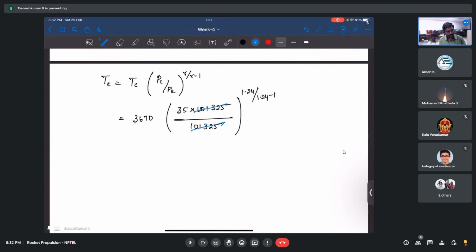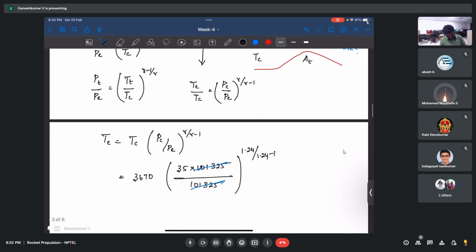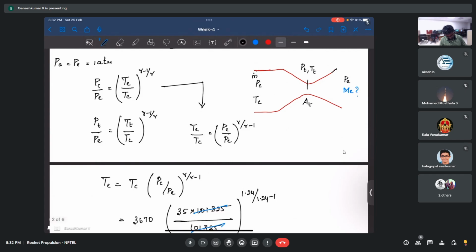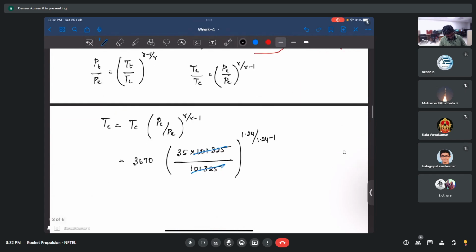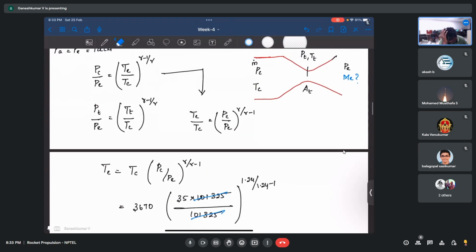So the equation should be PE by PC, right? Raised to gamma by gamma minus 1. Yes, sir. It should be PE by PC.